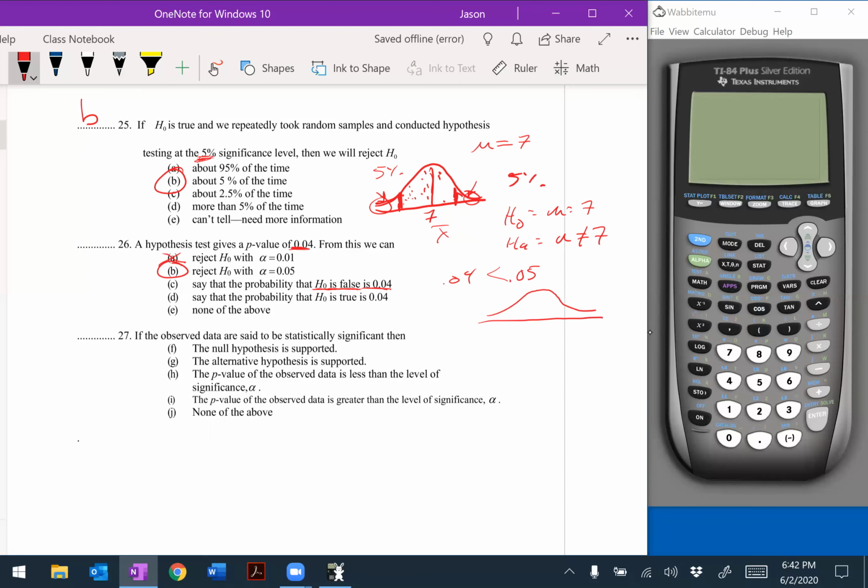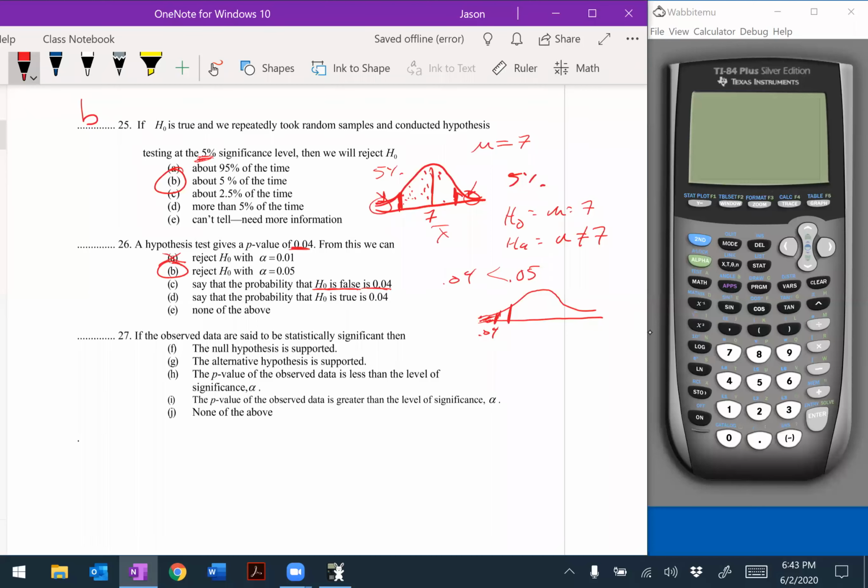So we have this p-value over here of 0.04. And so what would we say?